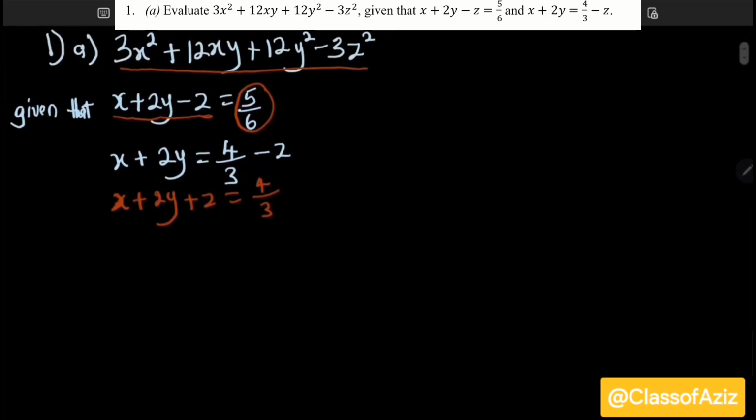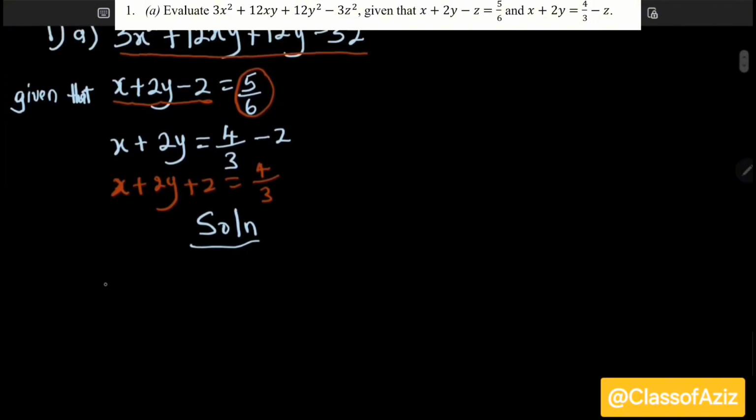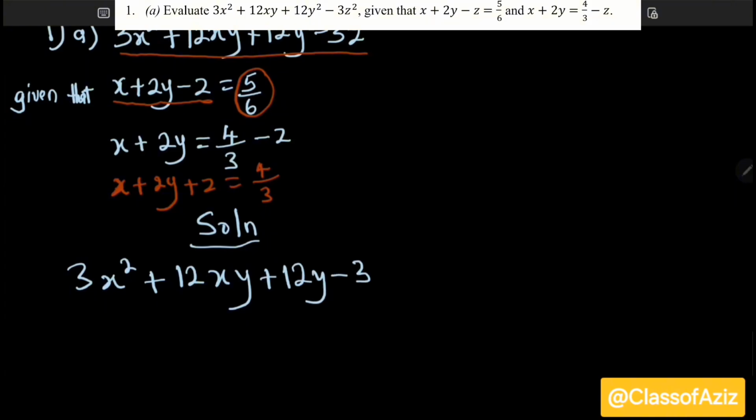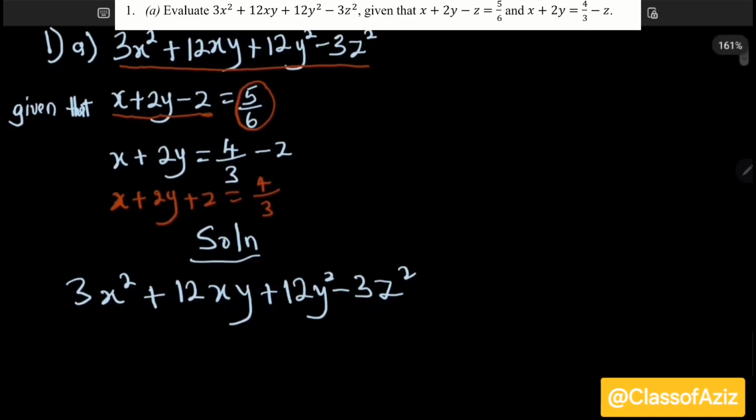So to solve the question, the equation is 3x squared plus 12xy plus 12y squared minus 3z squared.